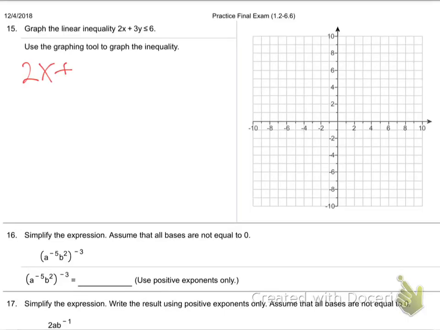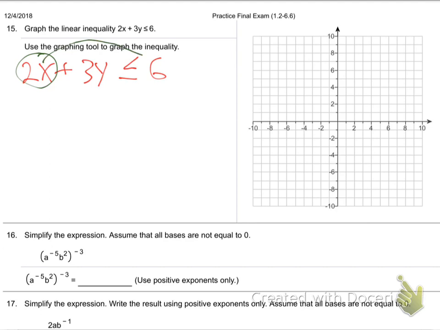So 2x plus 3y. On the multiple choice test, you would see a bunch of shading on all the graphs. So you would know, oh yeah, it's one of those I've got to shade. See what you can do. What do you do first whenever you want to graph? Y alone. So what do we do first? Y alone.